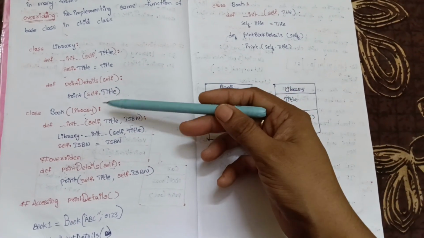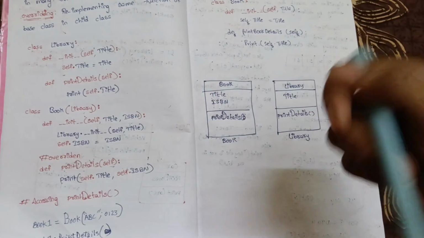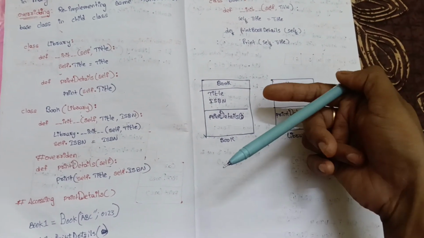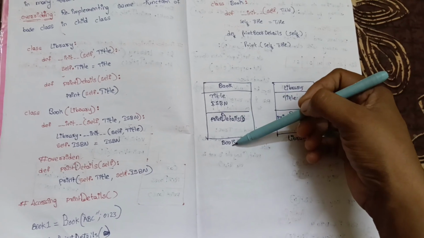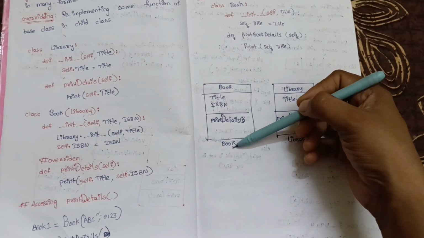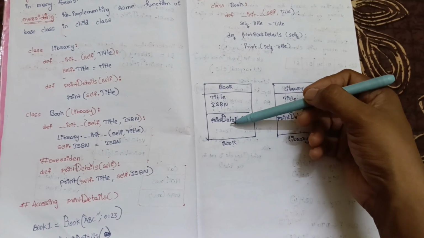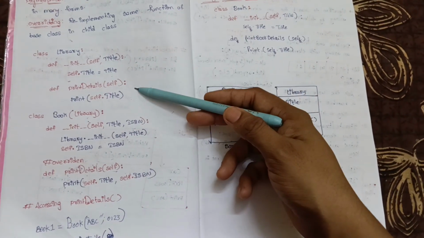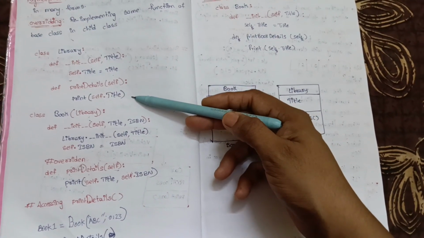That means the function logic gets overridden, meaning overwritten. So if you create the object for the Book class, you are able to access only the implementation of the child class, but not the logic of the superclass.